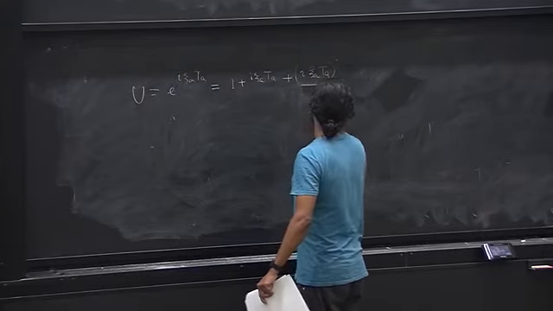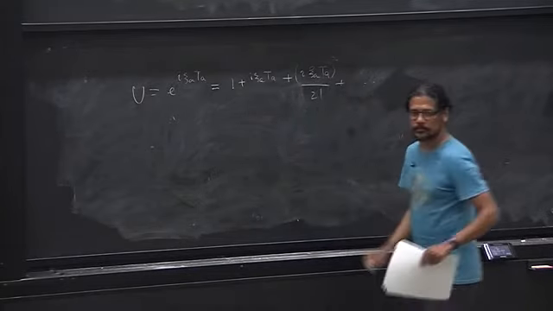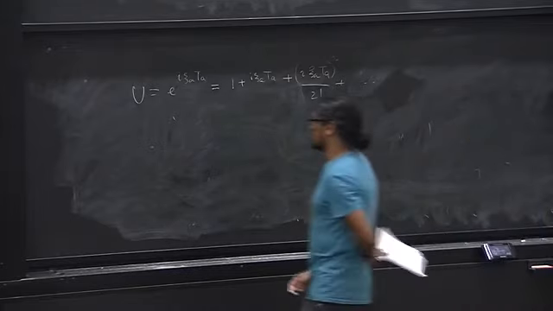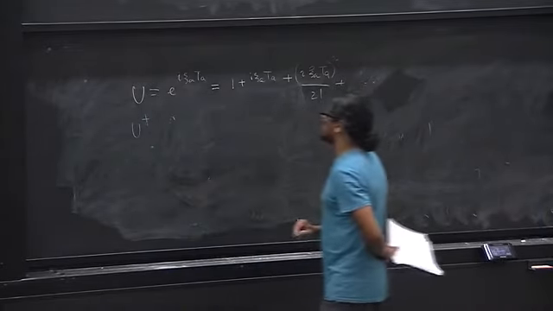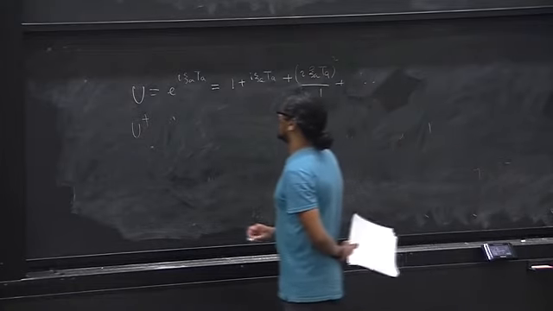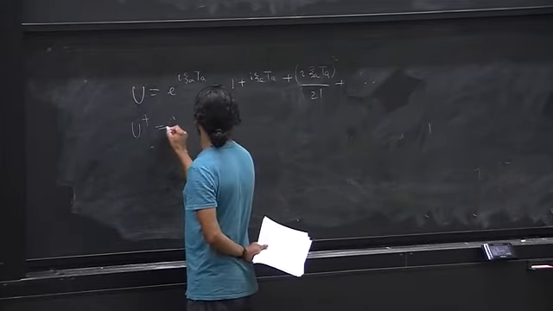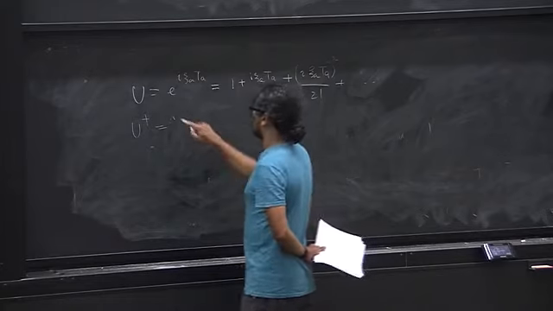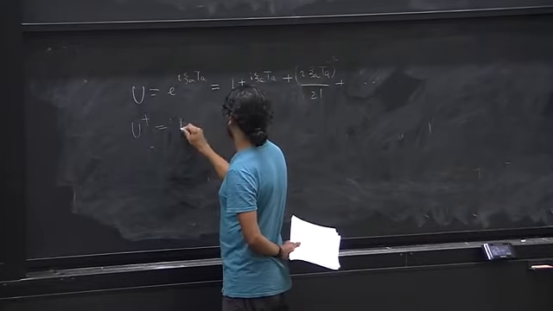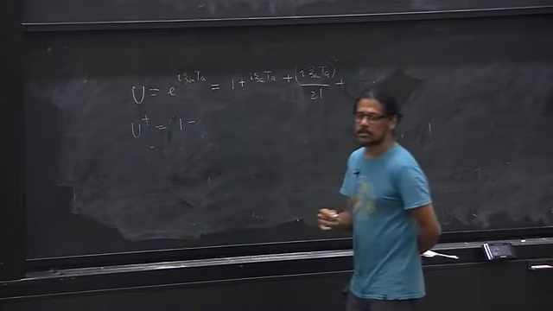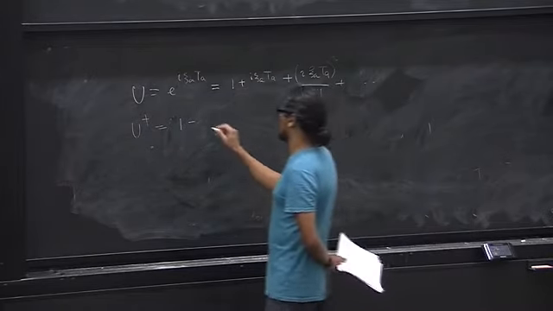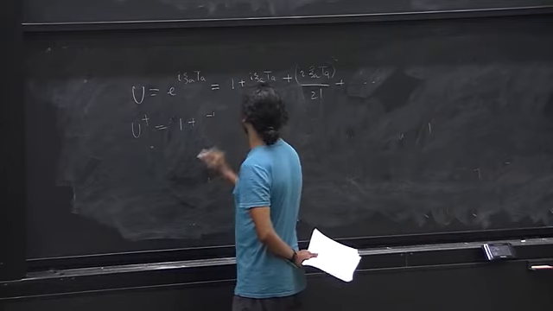Now, U dagger is like that, then all the i's are going to become negative i, right?